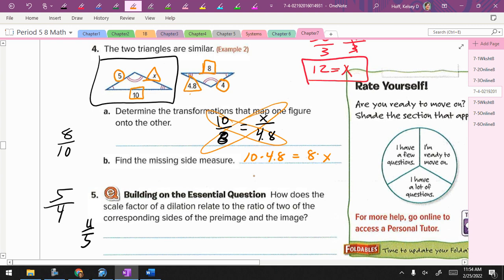Ten times 4.8, 48. 8 times x, 8x. Then I should divide by 8. X equals 6.